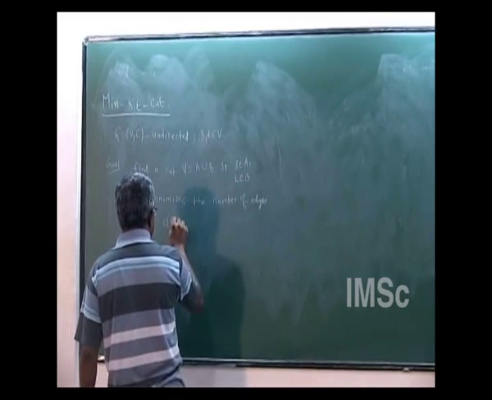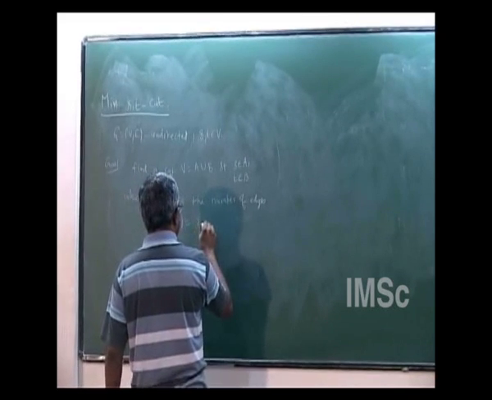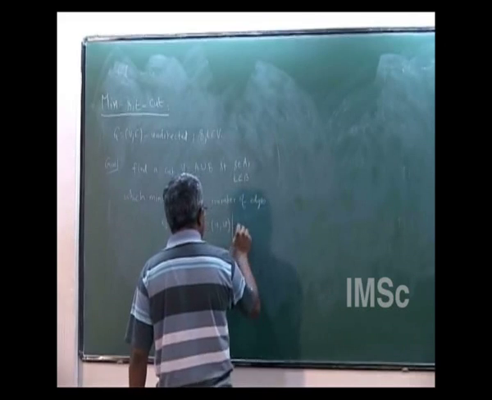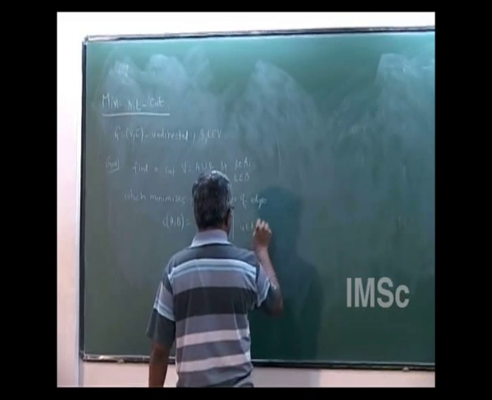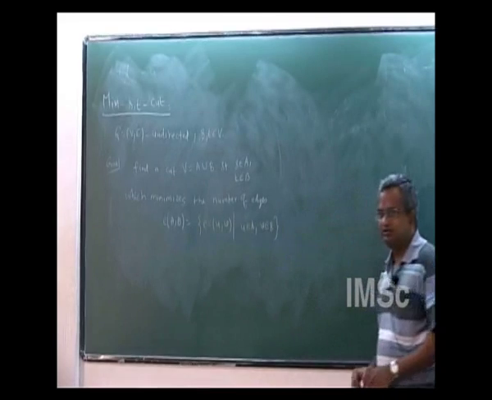The number of edges across the cut is the set of those edges which have one end in A and the other end in B. You want to look at those.